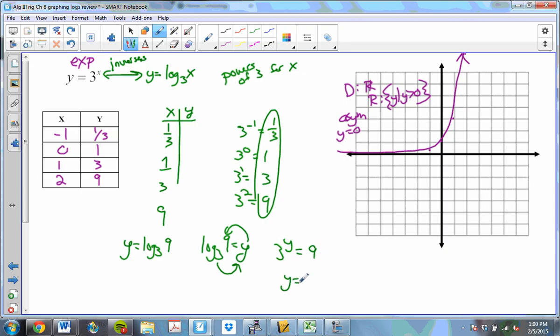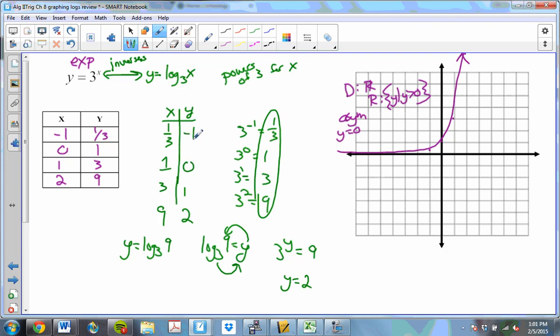So y equals 2. And this is the point 3, 2. And this would be the point 1, 1. And this would be the point, oops, sorry, I have these off. The point 3, 2 is here. So it's the point 9, 2; 3, 1; 1, 0; 1 third, negative 1.